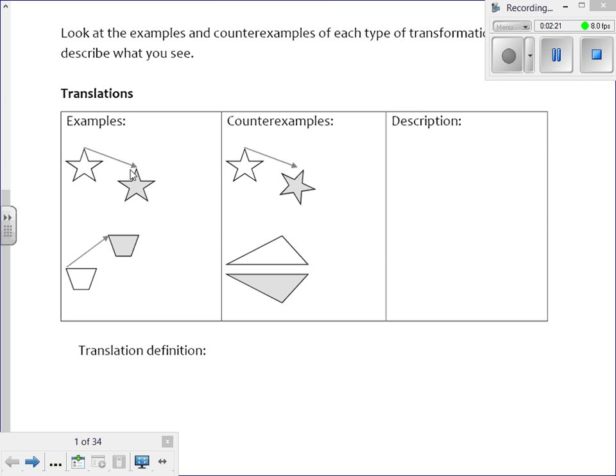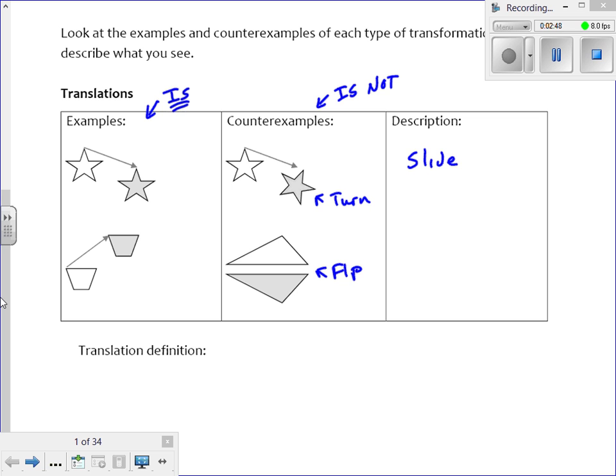A translation, you can see here's a few examples of what a translation is, right? These two things are a translation. These are examples of what a translation is not. So when you look at it, some of the descriptions we came up with, it looks like things are sliding over, right? Versus here, it looks like they turn. This one looks like it turns, and this one looks like it flips, right?